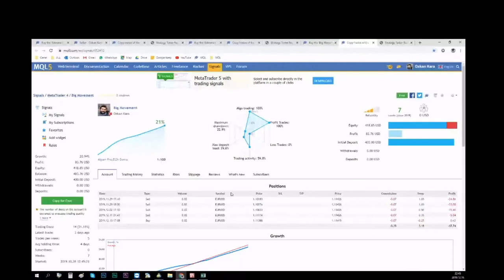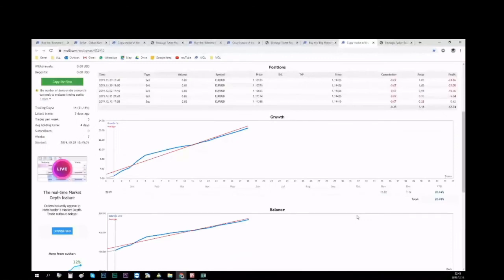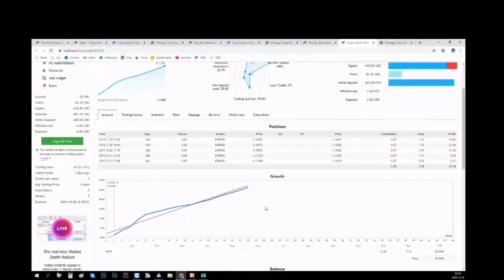It's good, I think. You can see sometimes it needs more time to take profits, but it's okay, because I know these trades will produce profit for me soon.